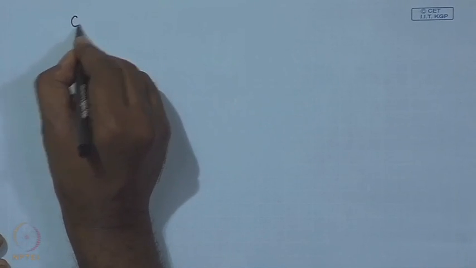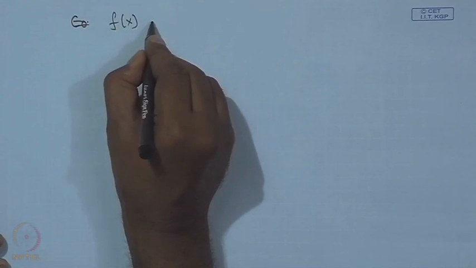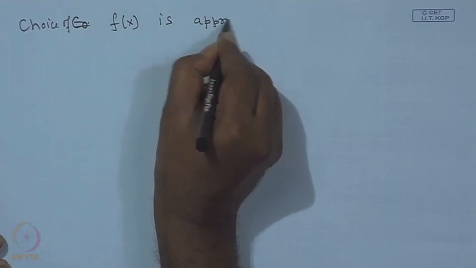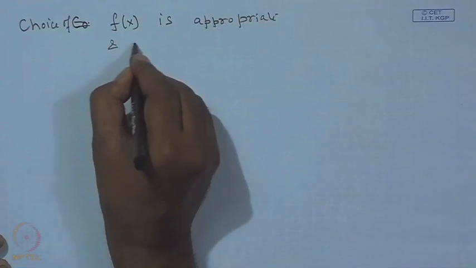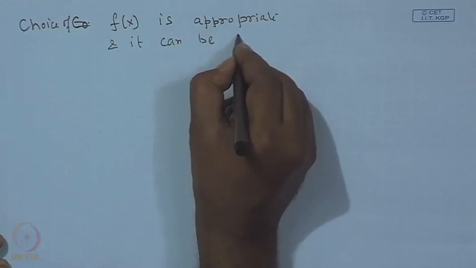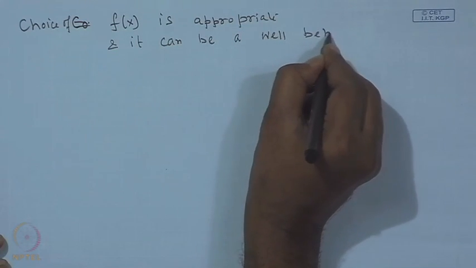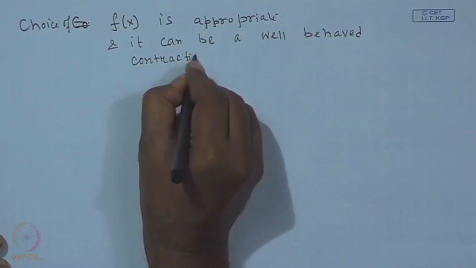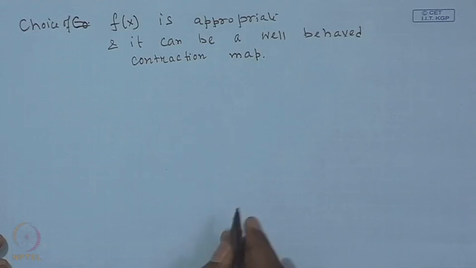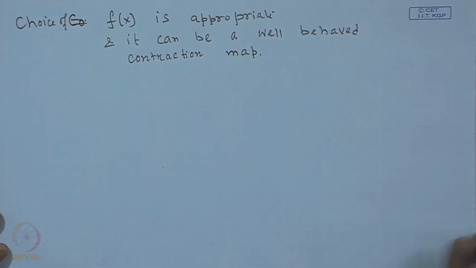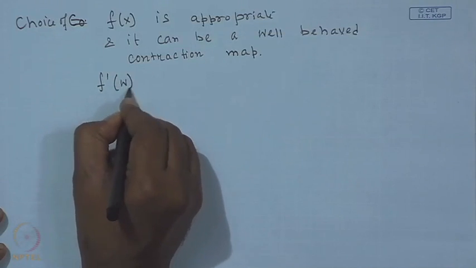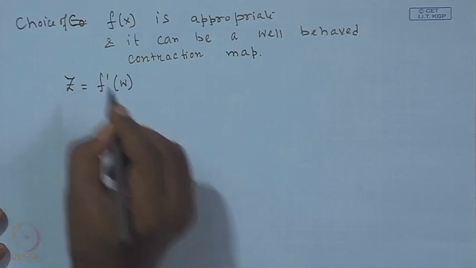Okay. Next, the choice of f(x) is appropriate, and it can be a well behaved contraction map. In order to find the next step, if you remember, we find f prime of w and mark it as z.